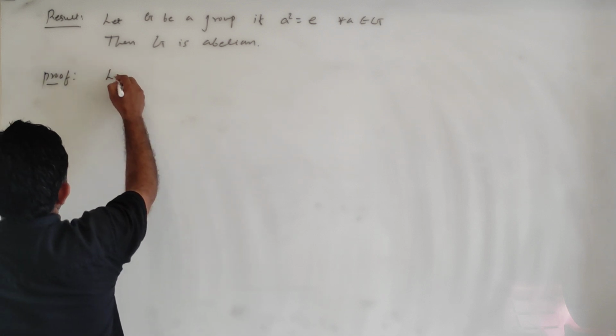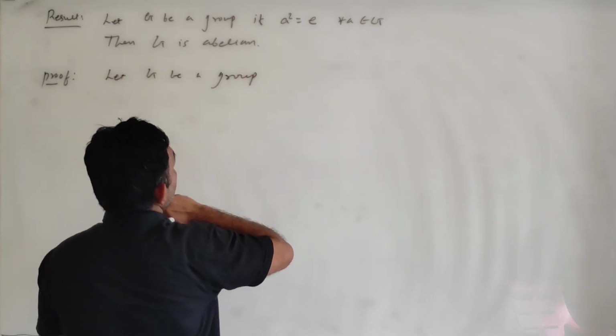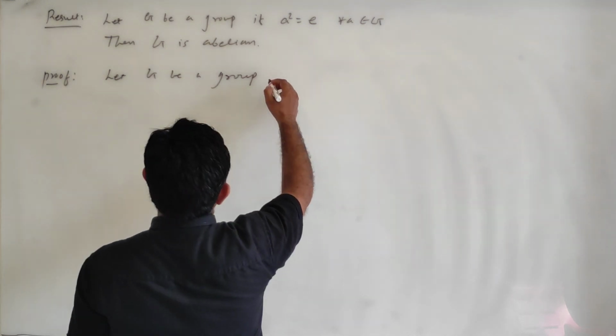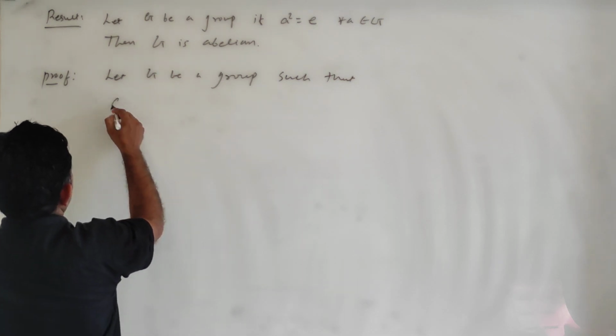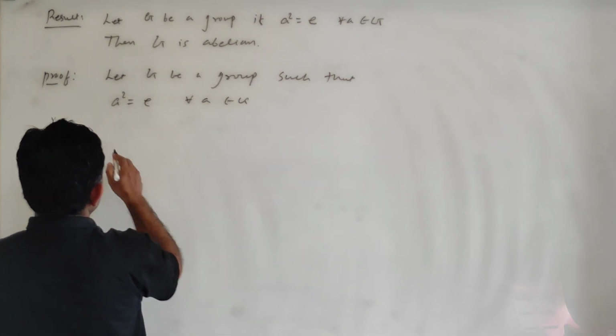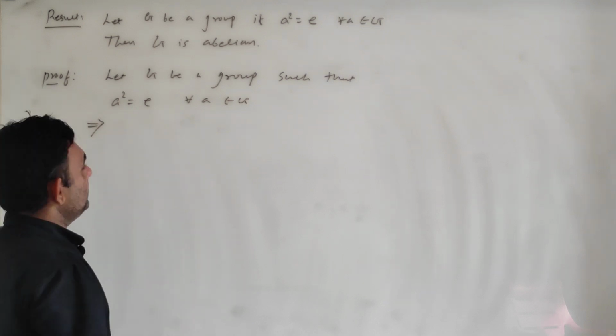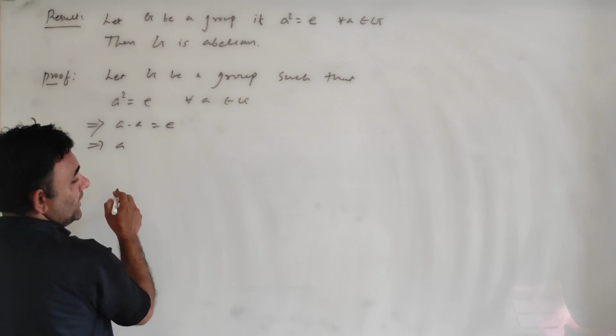So let G be a group such that a square is equal to identity for all a belongs to G. Once a square is identity, it means a into a is identity. So you multiply both sides by a inverse.